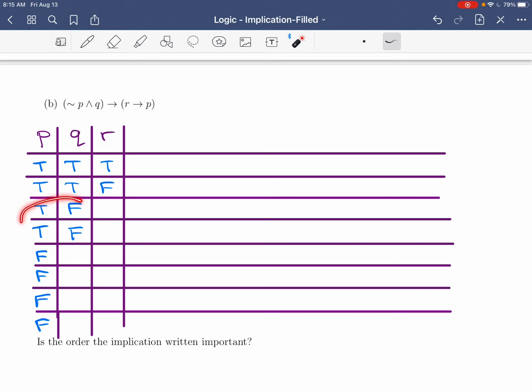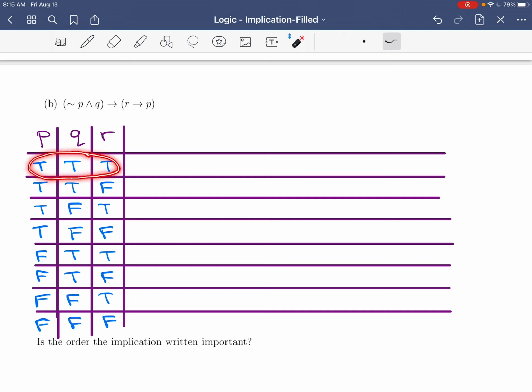Then I have 2 rows where P is true, Q is false, and R could be true or false. So that's how I like to do it. Then similarly split this in half, so 2 trues, 2 falses, and then true, false, true, false. You want to make sure that you have every different truth assignment exactly once.